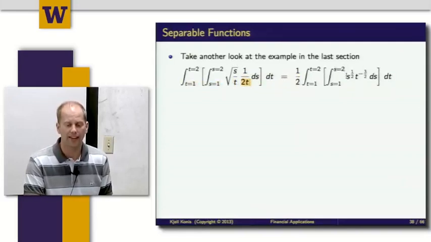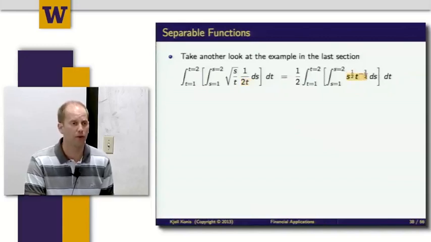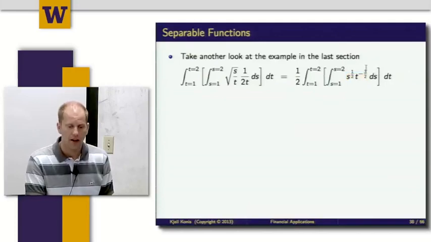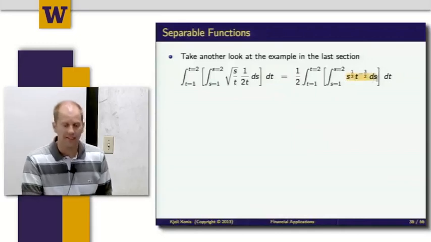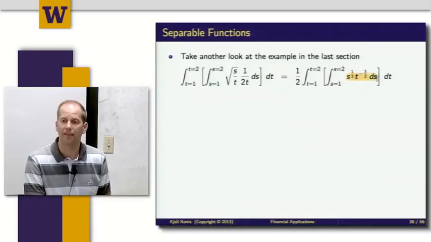And then I'll rewrite that in this more power rule / anti-power rule friendly form of just each variable to a power. And now if you look at where I've put the square brackets here, this is the way we tried to do it last time.